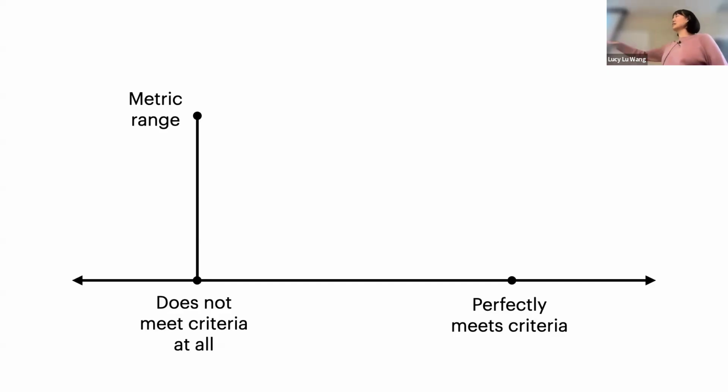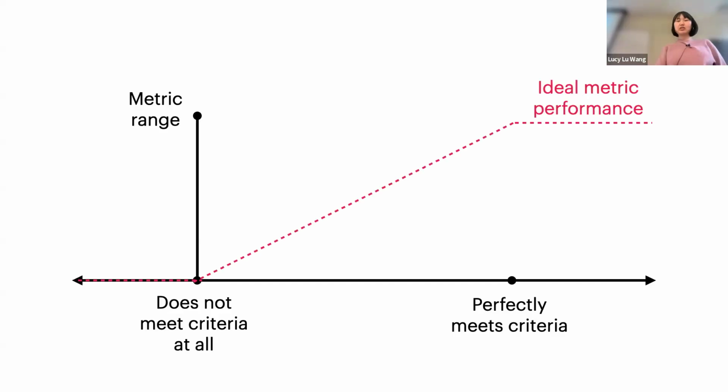And on the y-axis, we have some metric that we're going to compute to evaluate this criteria. A good metric, one that is sensitive and specific to this criteria of interest, should have some sort of monotonic response curve, where if the output is better along this criteria, it scores very highly on the metric. And if it's poor, then it scores poorly on this metric.